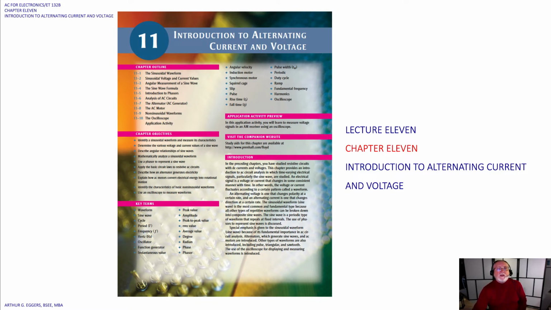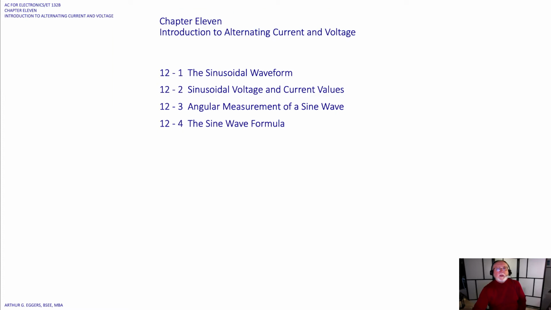So sinusoidal waveforms through angular measurement, analysis of AC circuits, and the sources that are normally used for producing alternating current and voltage. So in the first four sections here, we're going to look at those specifically.